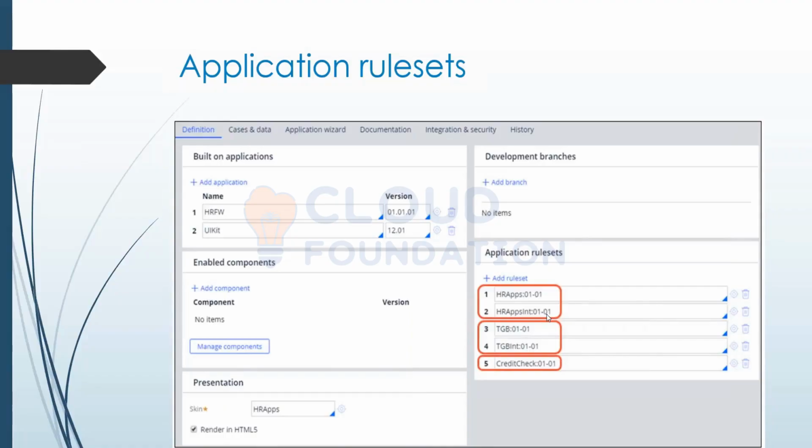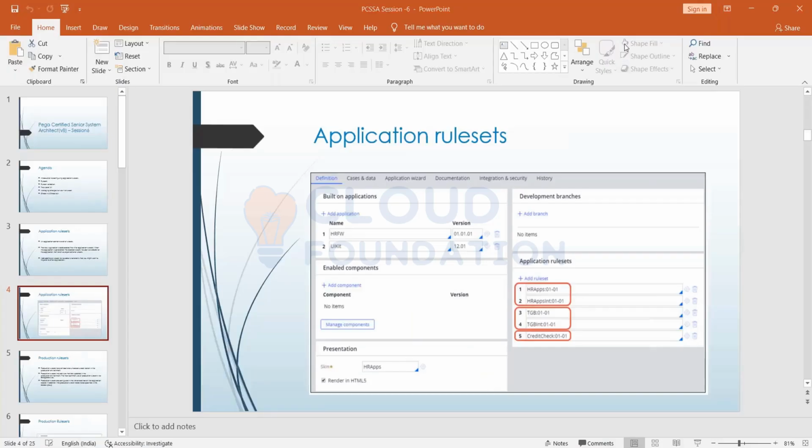The system again checks for the rules in that particular rule set. If it is found, well and good. If not, this is also popped out. Likewise, we make it in the form of a stack so that priority is always given to the top of your stack. We are talking about the application rule sets and your organization rule set.